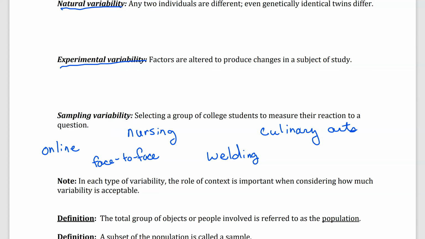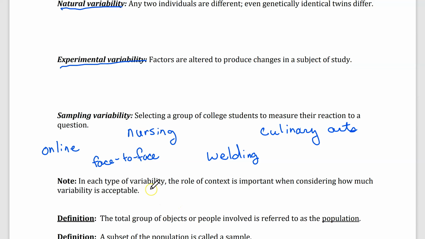And so we have to be careful about the variability, and so we have to pay attention to the role of the context, because it is important that each of these variabilities is somewhat acceptable, but we have to look at how acceptable it will be.